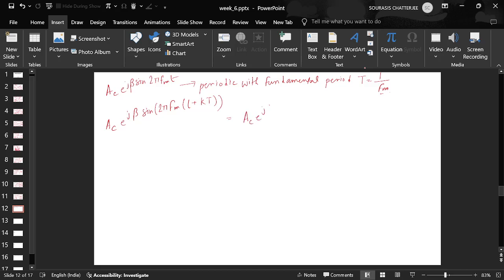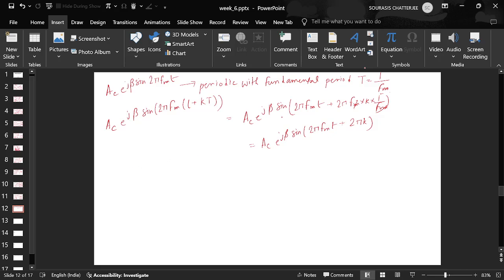Ac e to the power j beta sine of 2 pi fm t plus 2 pi fm k into 1 over fm. Basically you have Ac times e to the power j beta sine 2 pi fm t shifted by an integer multiple of 2 pi, right? So that is nothing but this signal itself. So this is indeed periodic with fundamental period 1 over fm.